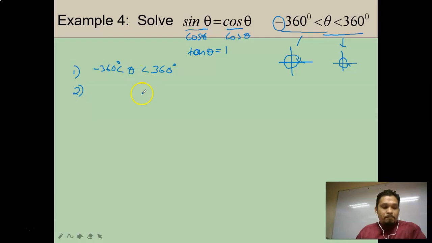Second step, we clarify theta lies in the first and the third quadrant because tangent theta equals positive 1. Positive for tangent lies in the first quadrant and the third quadrant.